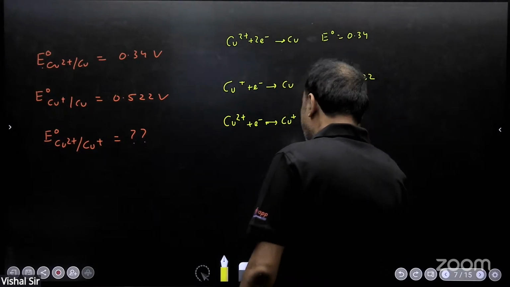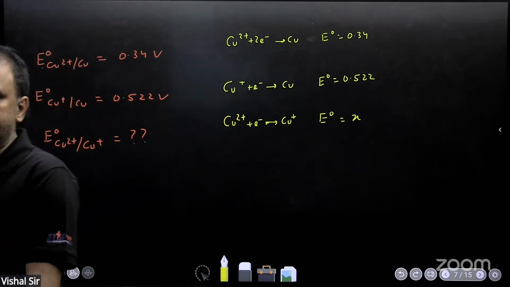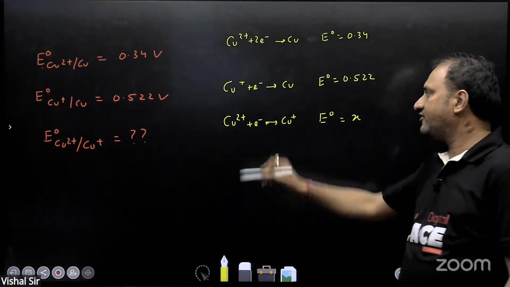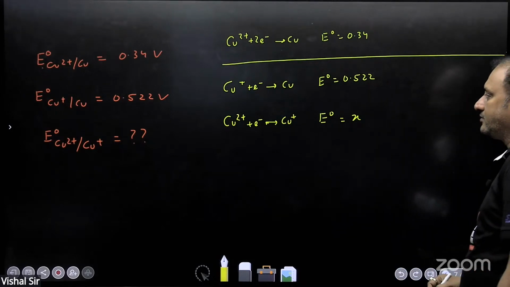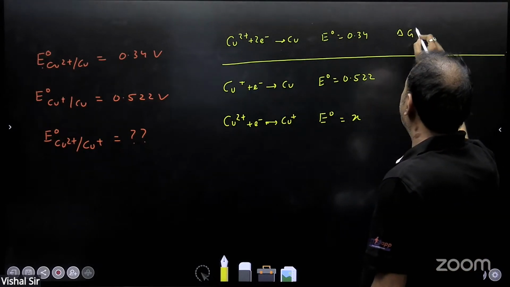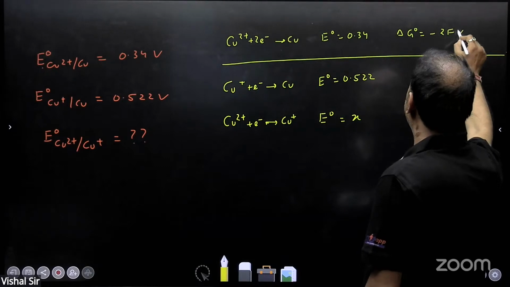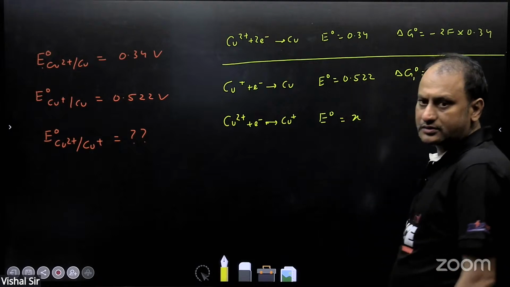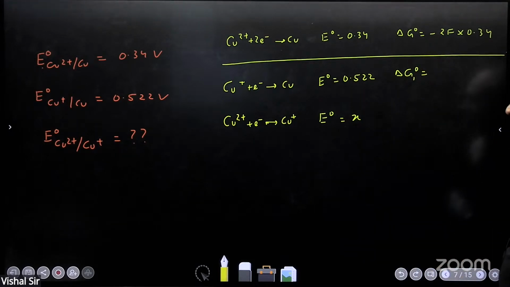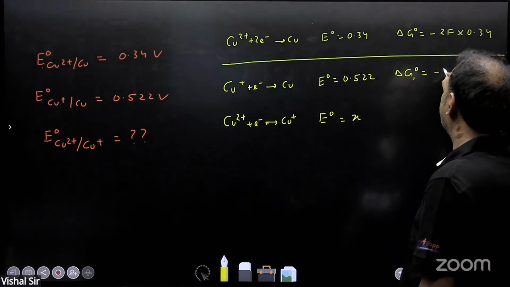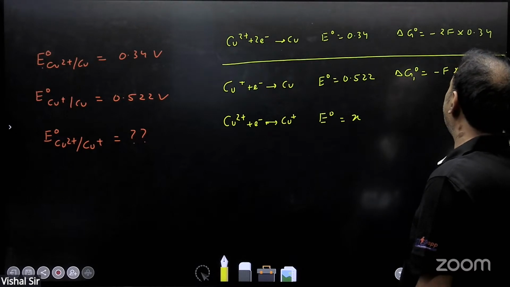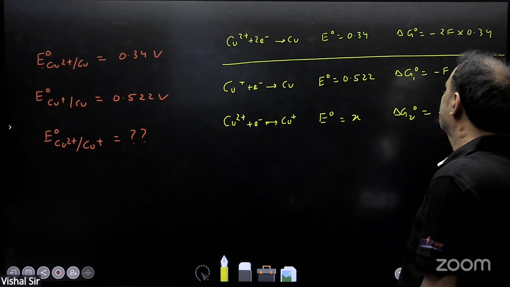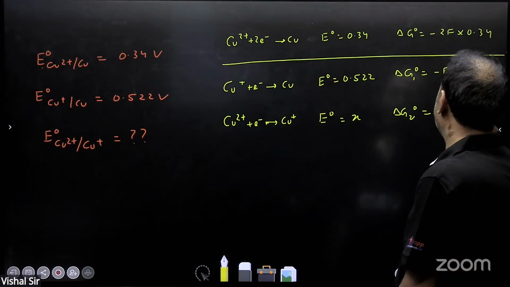This E naught you have to find. Let's assume it X. Now you can see if I add second and third reaction, I am getting first reaction. So delta G naught here will be minus 2F into 0.34. This delta G1 naught, n factor 1, minus F into 0.522. And this delta G2 naught, again n factor 1, minus F into X.